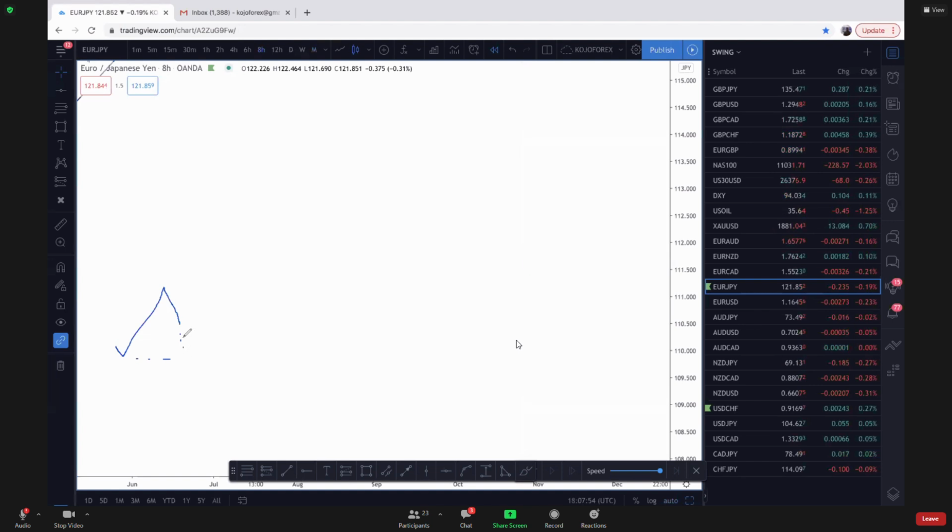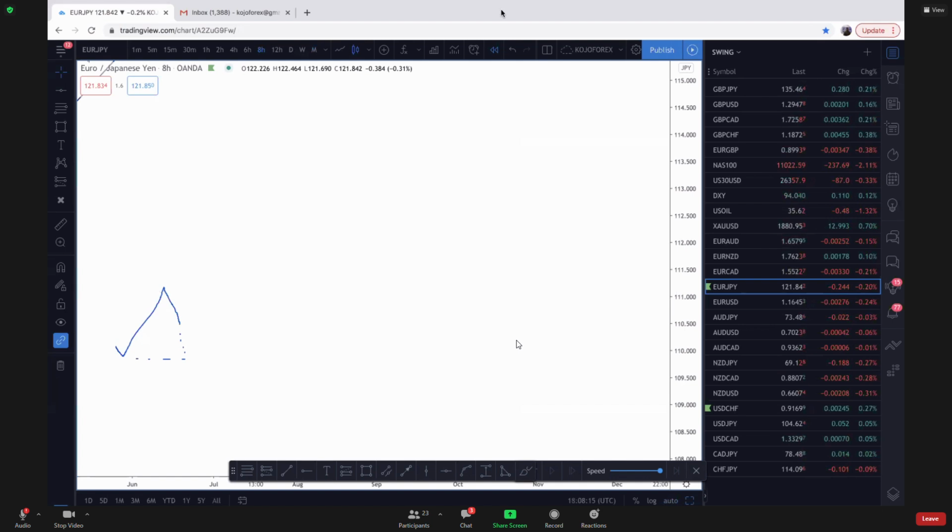But if it doesn't, and it pulls back halfway, maybe it gets to here, right? Remember, if from here to here is a whole move, we could call that 100% of the move, right?